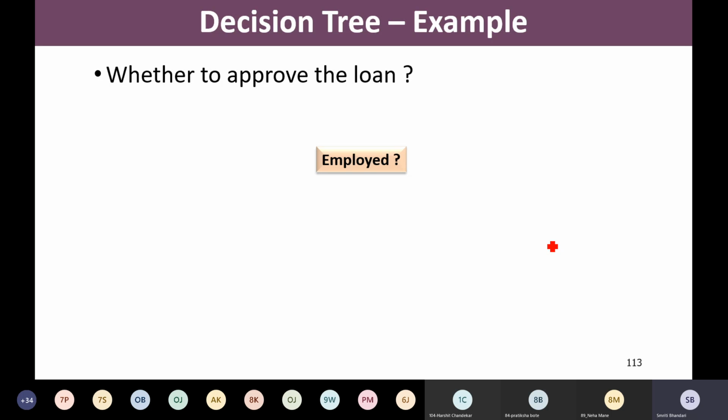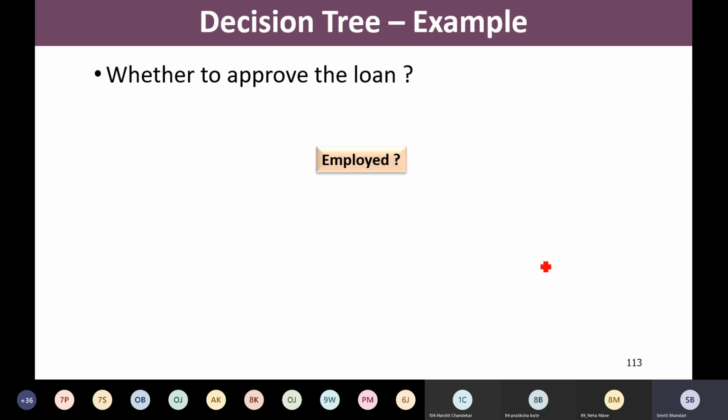Now let us assume that we have submitted the application for the loan. One of the parameters that can be viewed by the bank officials would be whether the applicant is employed or not employed, because the bank is bothered about whether the applicant is eligible to repay the loan, right? They need to find out whether the applicant is eligible to get the loan based on certain criteria.